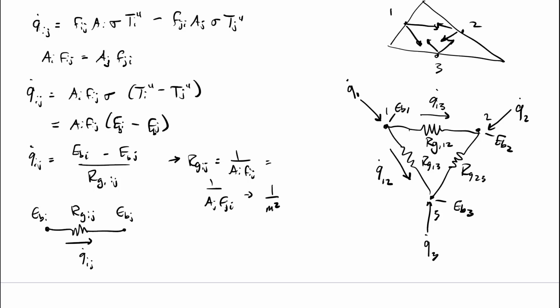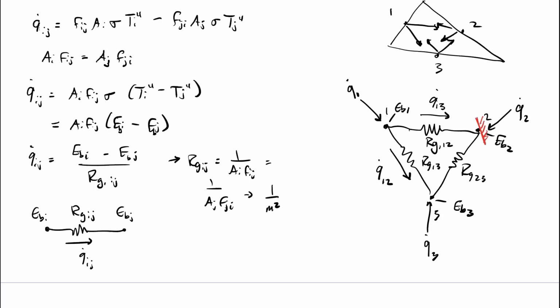We'll go through an example in a couple of minutes. You probably can imagine how this will go. Let's say we want to write Q̇ from 1 to 3. We'd write that rate equation using the resistances. Let's say this surface over here is actually adiabatic.